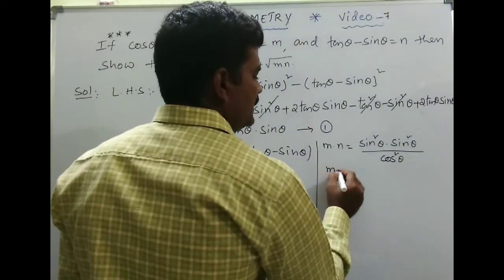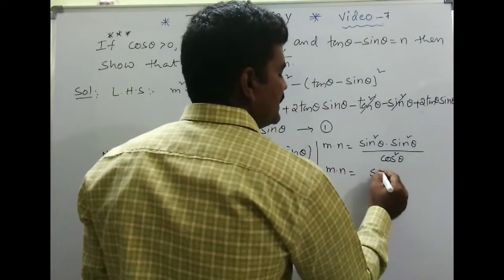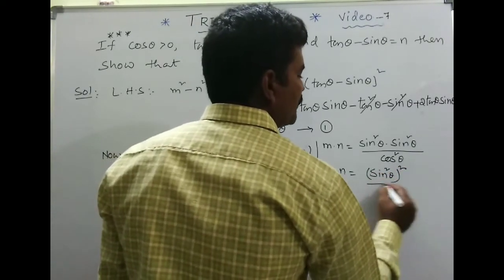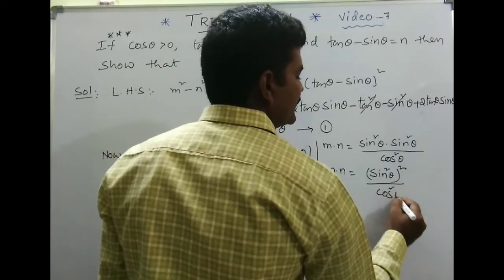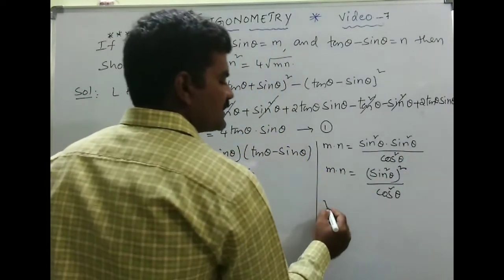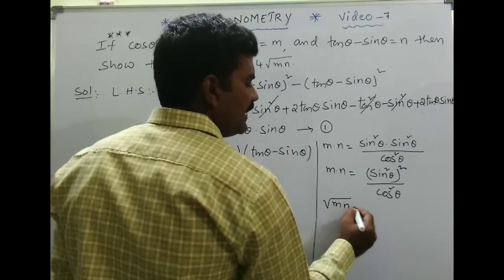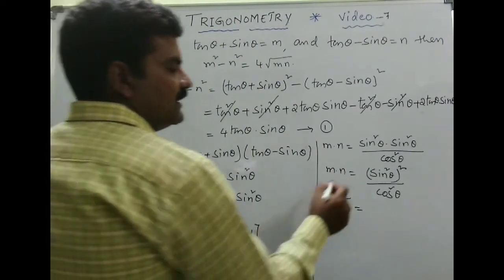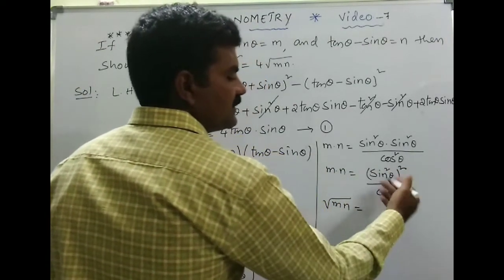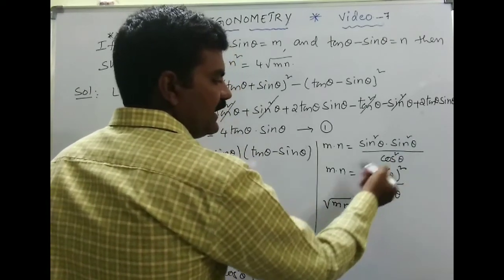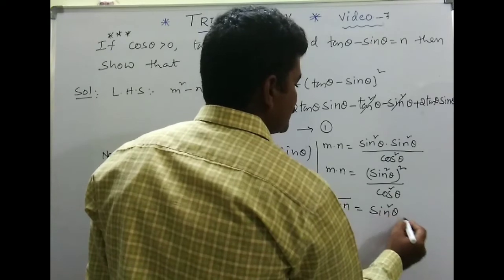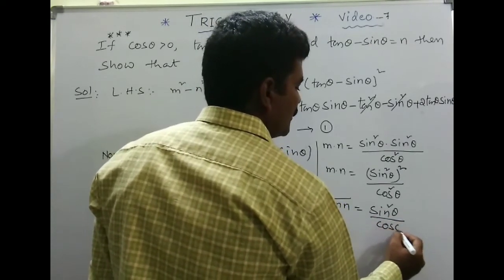So m into n is finally sin square theta whole square by cos square theta. Now from this, can we write root of mn, applying square root on both sides? On the right side, the square and root get cancelled, hence this is sin square theta by cos theta.